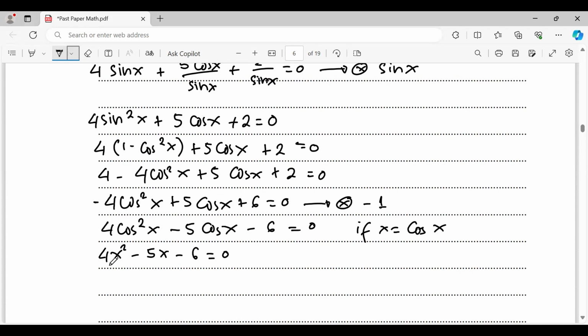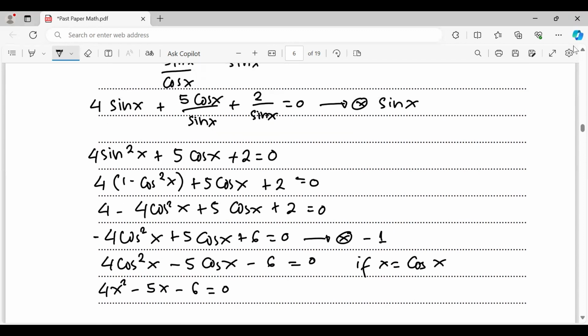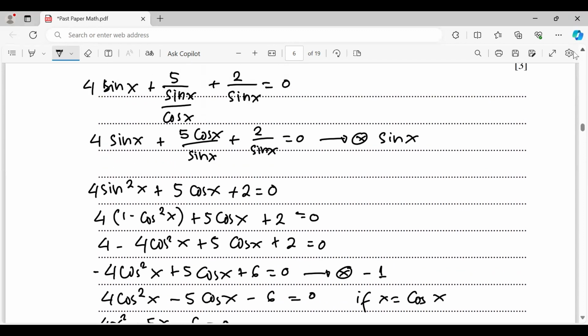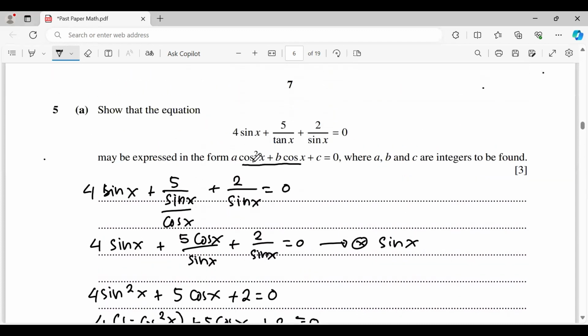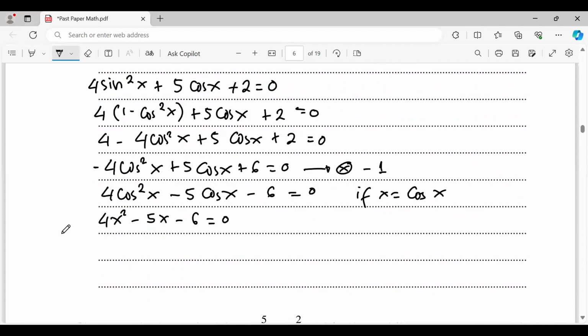And after that, factorize. No, it's a question that asks us just to determine a, b, c. So it means a equals 4, b equals minus 5, and c equals minus 6.